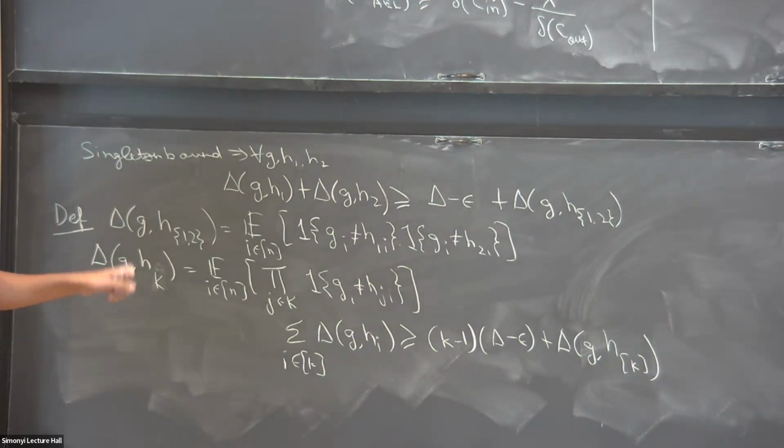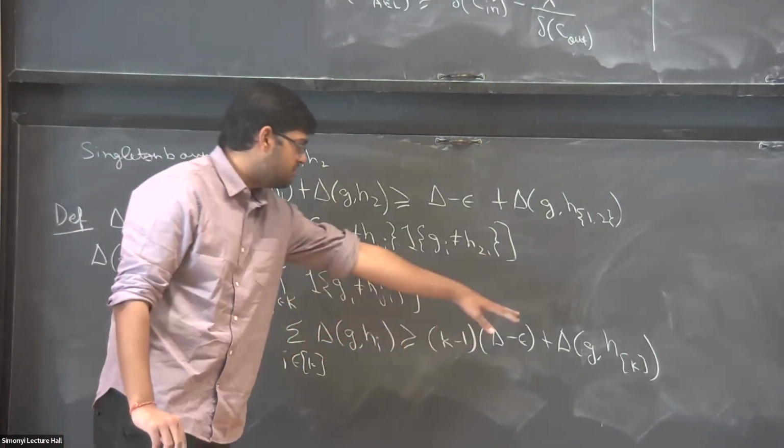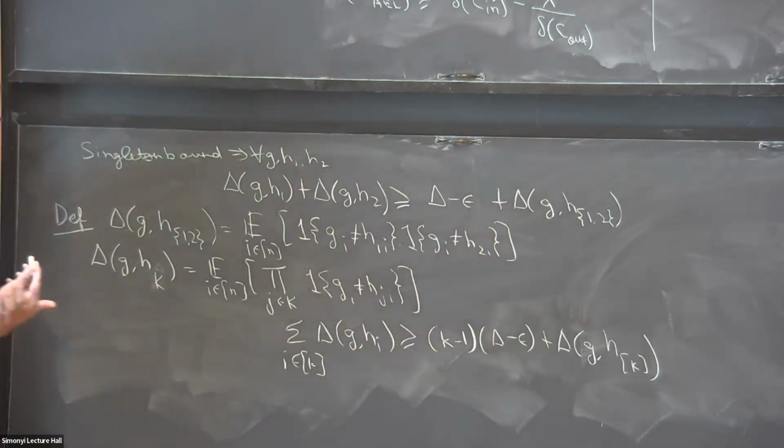So the proof will be via induction on K. And this is the kind of inductive claim that we will prove. Of course, this is only a strengthening because that can be at most, at least 0. So let's give something stronger.